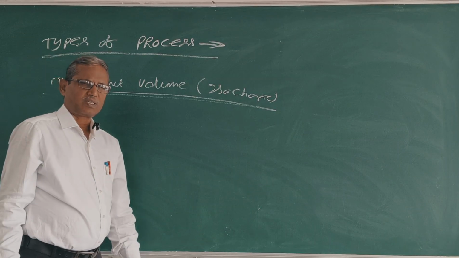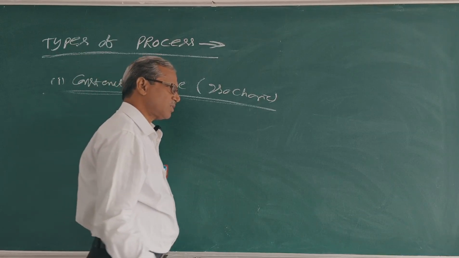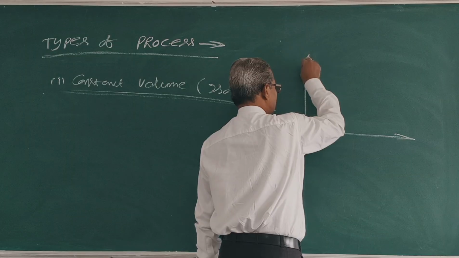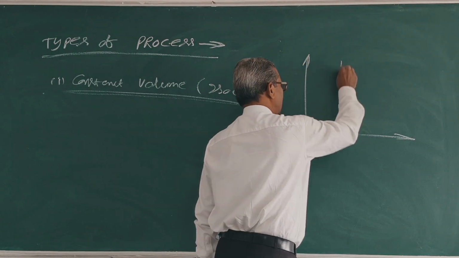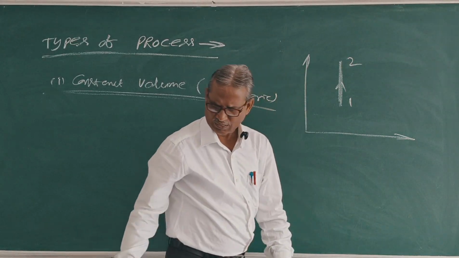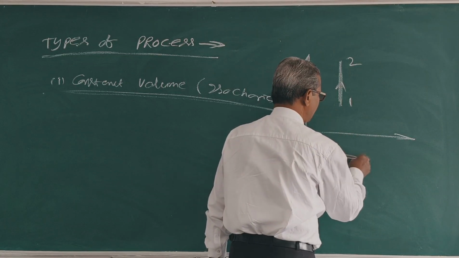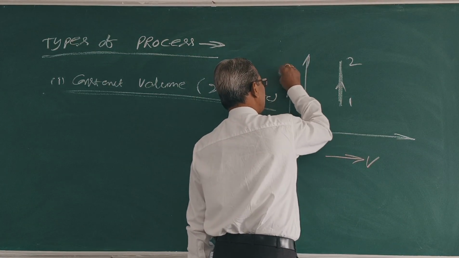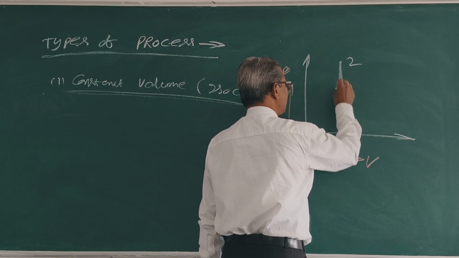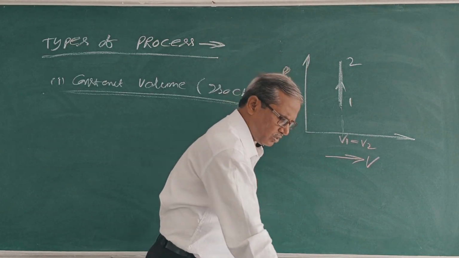Constant volume process. The volume of the gas remains constant. Clear? Suppose this is volume, this is pressure, this is volume 1, 2, process 1, 2. In this process, this is V, this is P, this is V1, this is V2. Clear? So V1 is equal to V2.